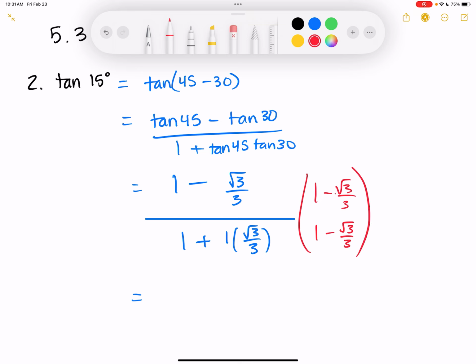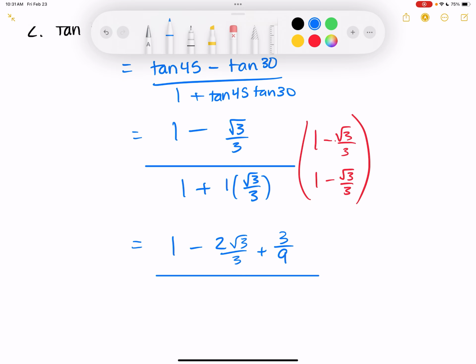On the top we would get 1 minus 2 root 3 over 3 plus 3 over 9. It's a perfect square trinomial, just a weird one. And on the bottom we would have 1 minus 3 over 9.